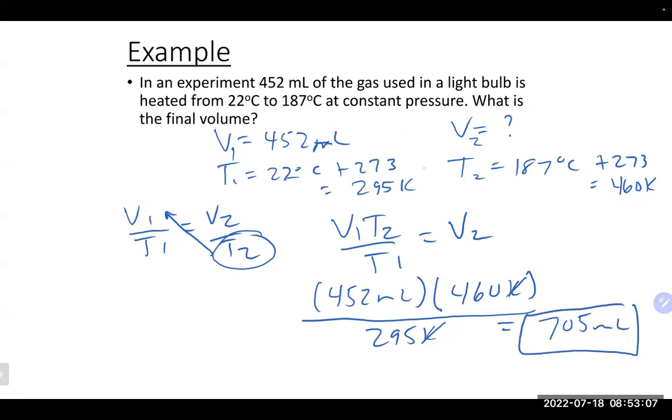So once again, our temperature goes up in this Charles's law situation, so we should then see our volume go up as well. That's what keeps it at constant pressure, and that's what we do see: 452 to 705. So we see the increase in the volume as we should expect here. Any questions on any part of that there?